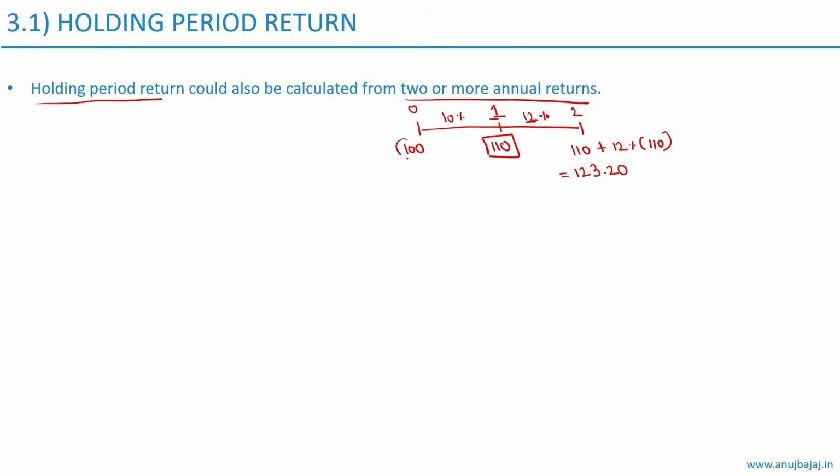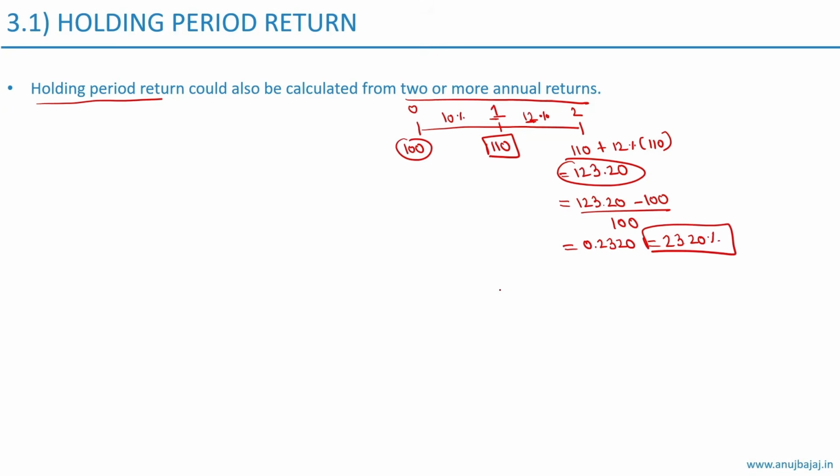Now we have the beginning value and we have the end value. Now it is easy for us to calculate the holding period return, which will be 123.20 minus 100 divided by 100, which will give us 0.2320, which is nothing but 23.20%.